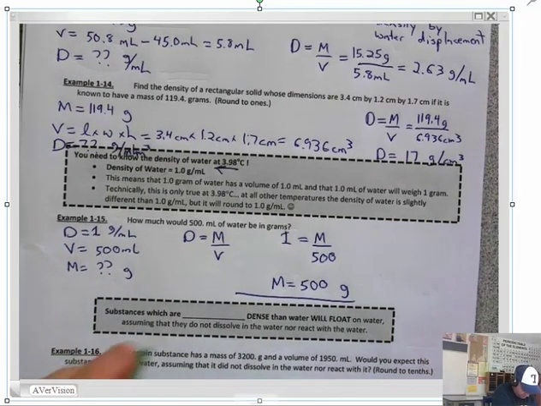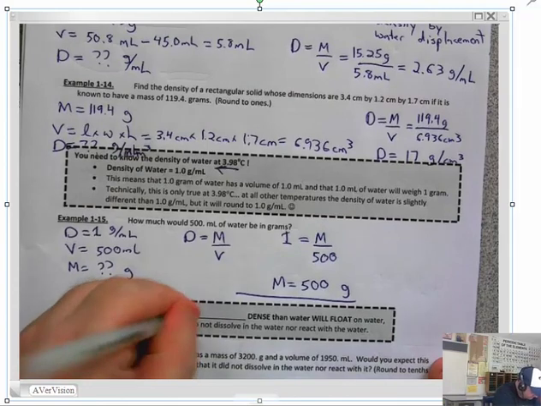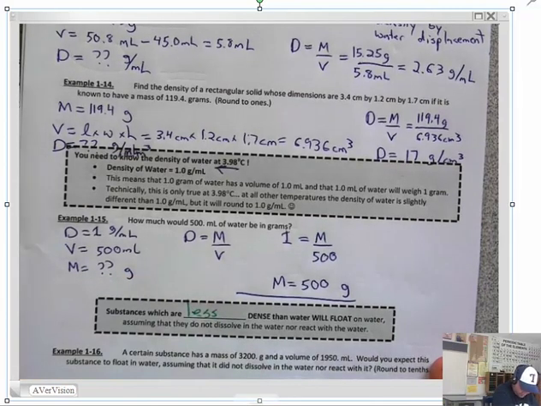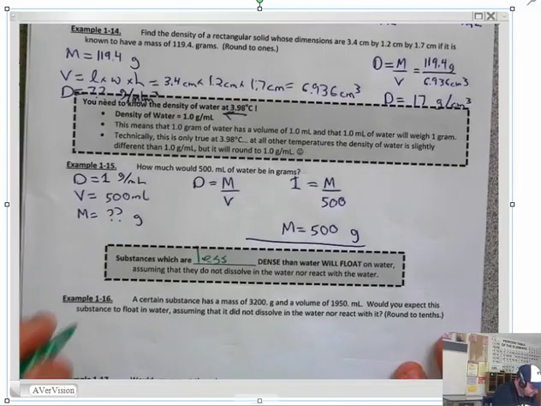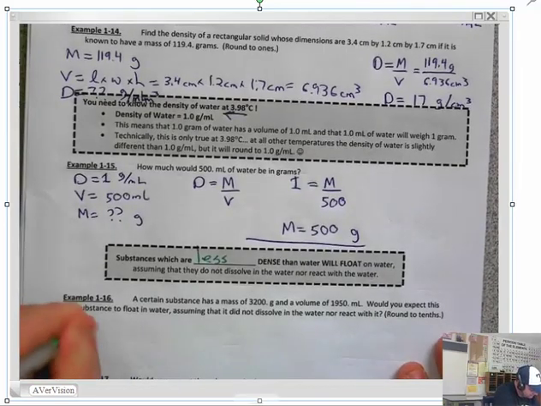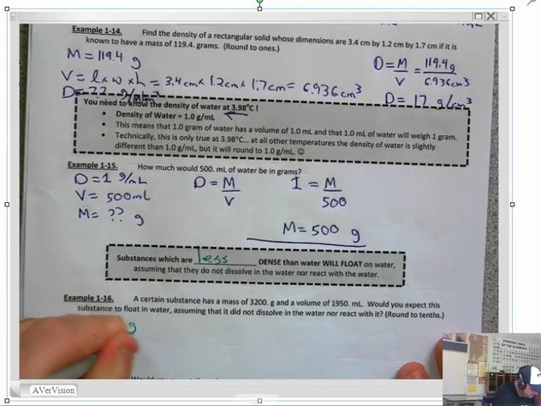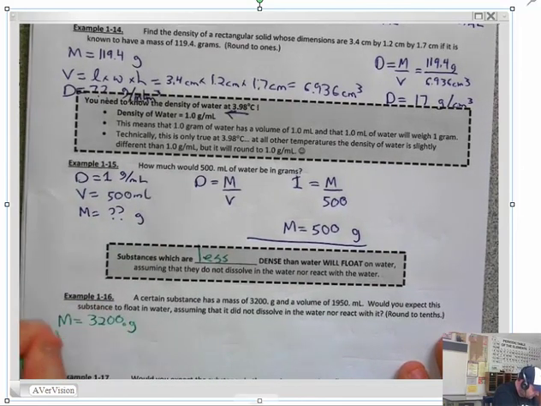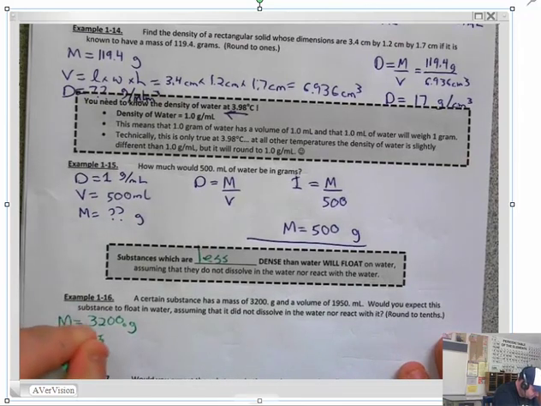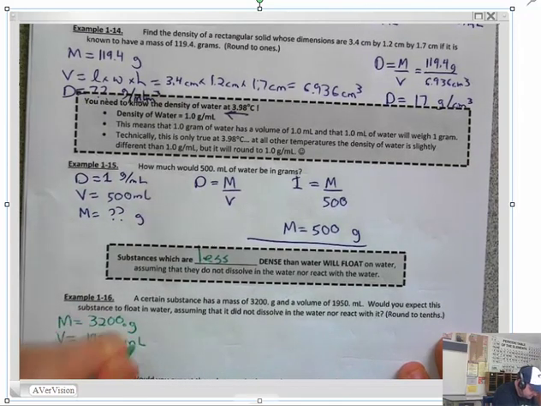Substances that are less dense than water will float on water if they do not dissolve or react with the water. Okay. A certain substance has a mass of 3,200 grams. Boy, it has a mass of 3,200 grams. And a volume of 1950 milliliters.